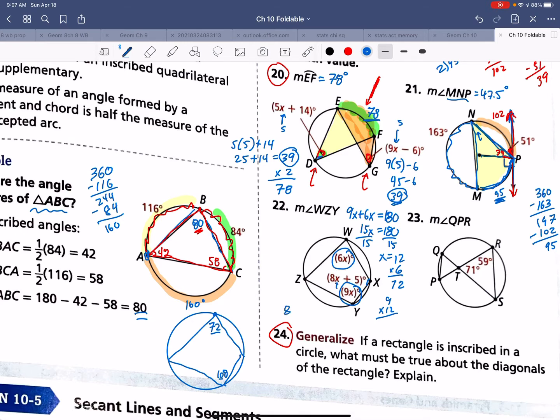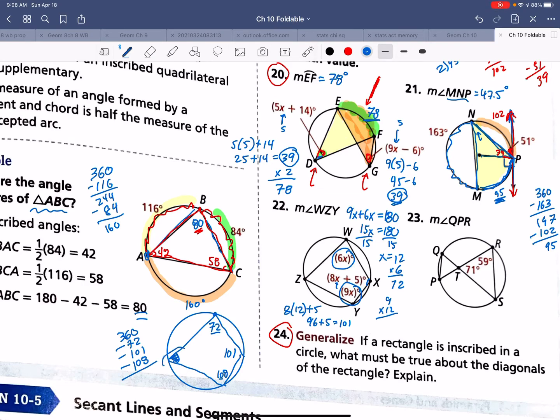So 8 times 12 plus 5 is 96 plus 5. So that'd be 101. And we just have one angle left over. So all those have to add up to 360. So you can take 360, take away 72, take away 101, take away 108. Let's see what's left over in our calculator.